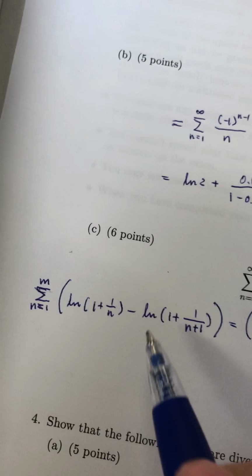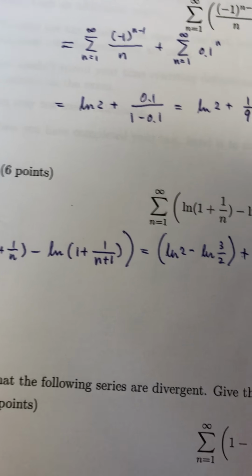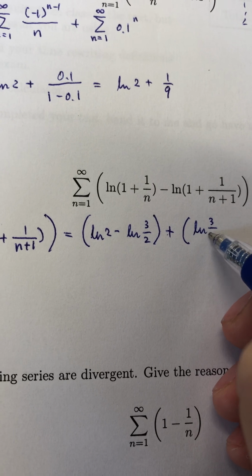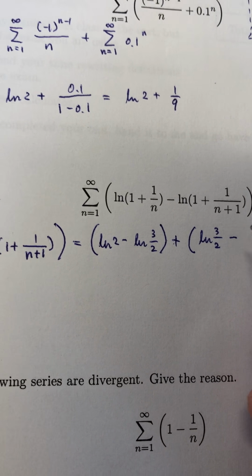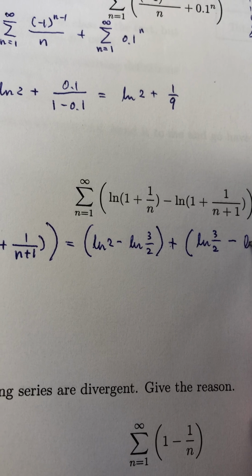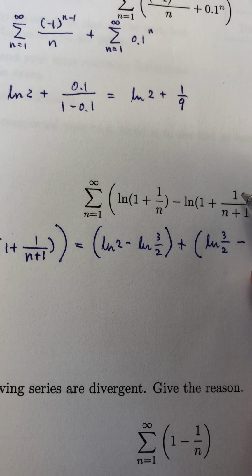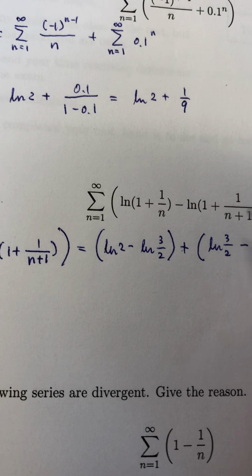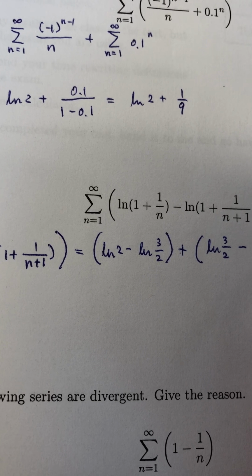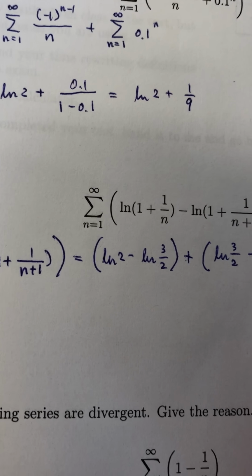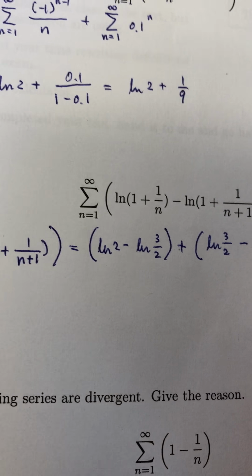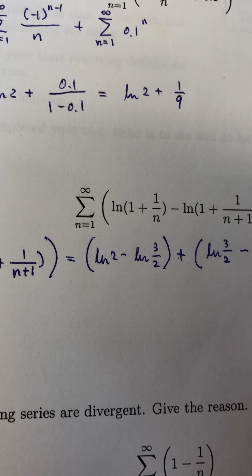Second term, when n equals 2, you will have log of 3 over 2 minus log of 4 over 3.